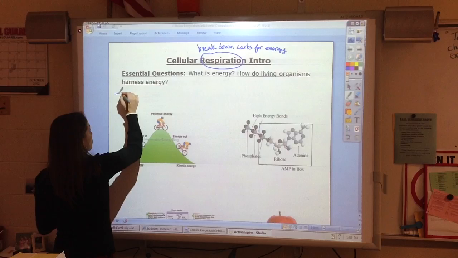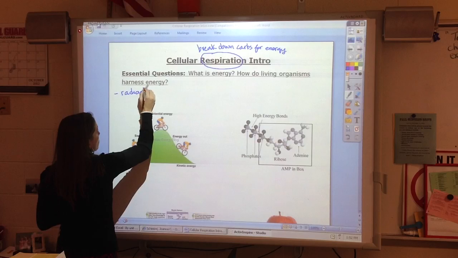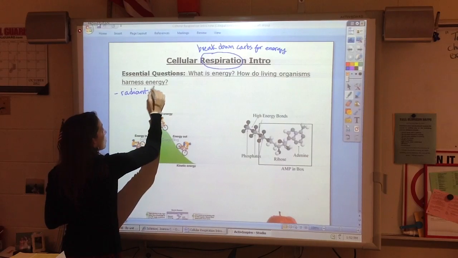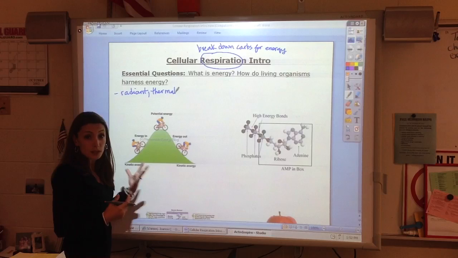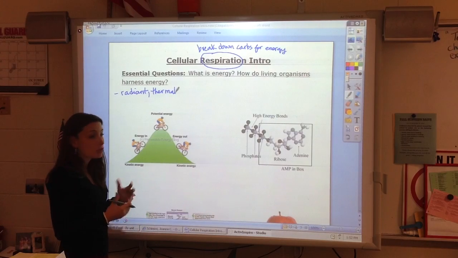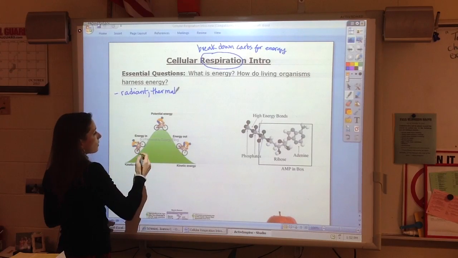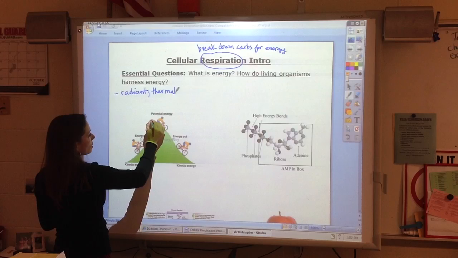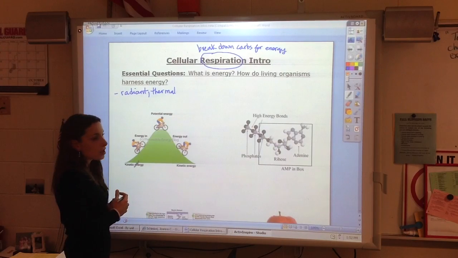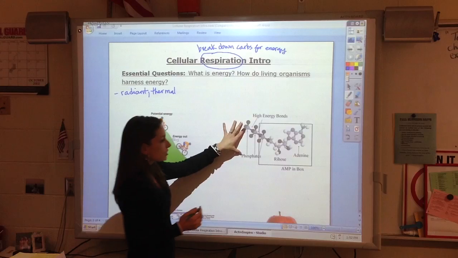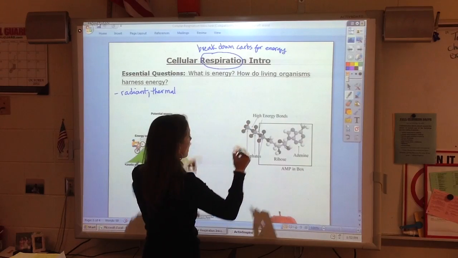Main types of energy that we're going to see are radiant energy, which is from the sun, thermal energy, which is also from the sun but can also come from chemical reactions. But we really are going to focus on potential energy and kinetic energy, and how it has to do with chemical energy.